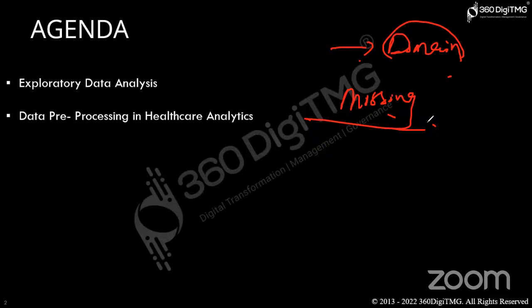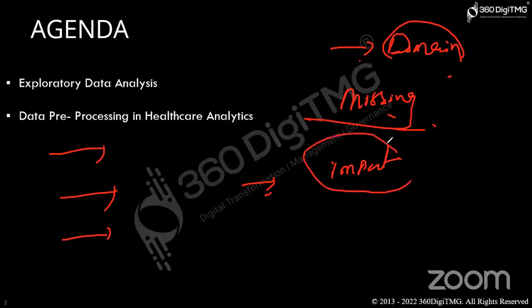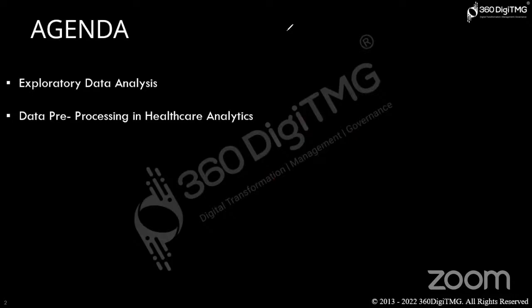You have to look into that. When you are working on healthcare data and you find some missing values, you won't be able to impute with random values, right? Each entry belongs to a different person, so it is very unique. Doing random imputation doesn't make sense. So you should be aware of where you have to apply imputation and where you shouldn't, especially when you are working on healthcare analytics.